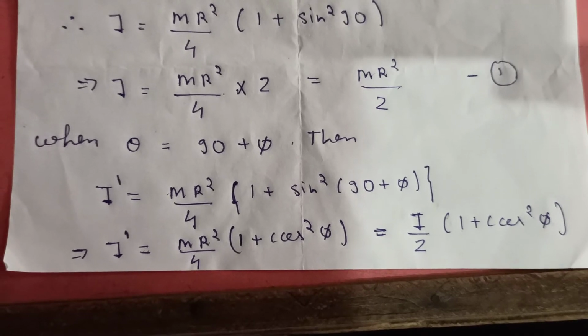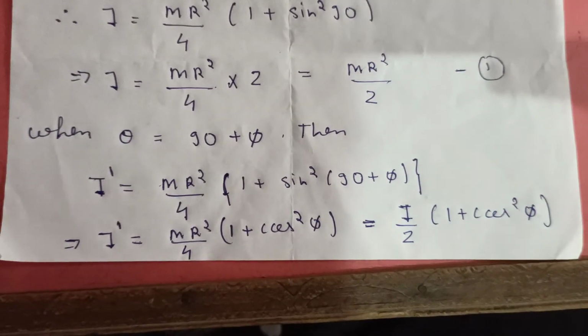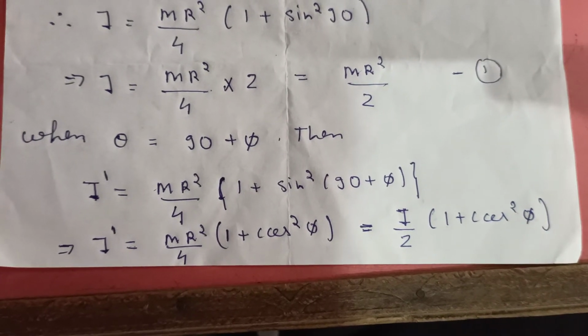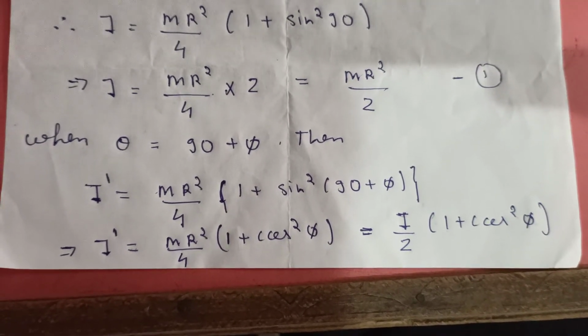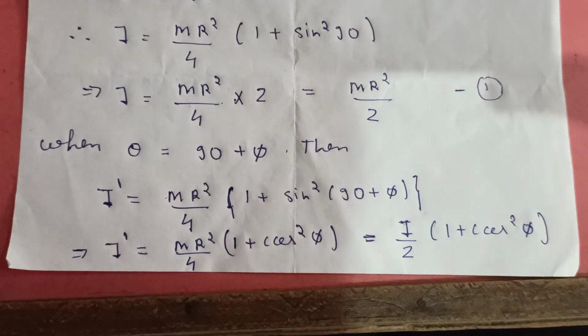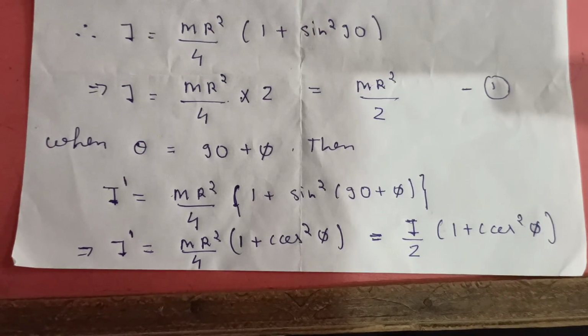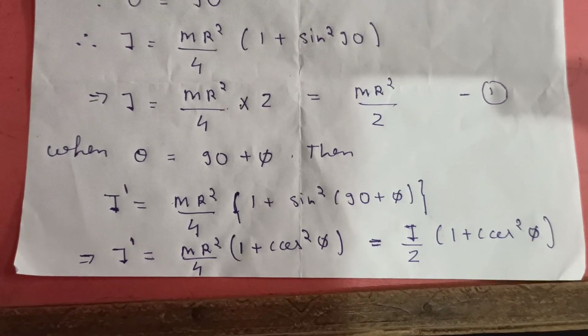Since we have already calculated I is equal to M R square by 2 in equation 1, it becomes I dash is equal to I by 2 times 1 plus cos square phi. So if the value of phi is given in the question, we can directly calculate the moment of inertia about the inclined axis. Thank you. Have a nice day.